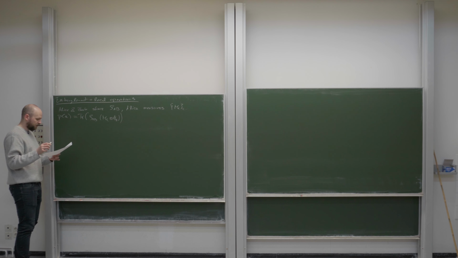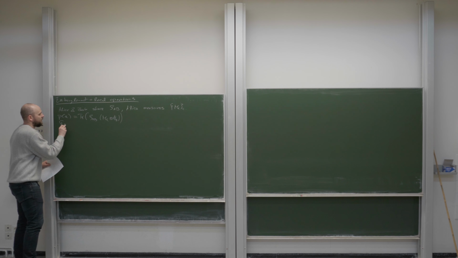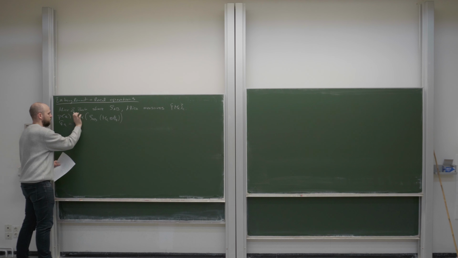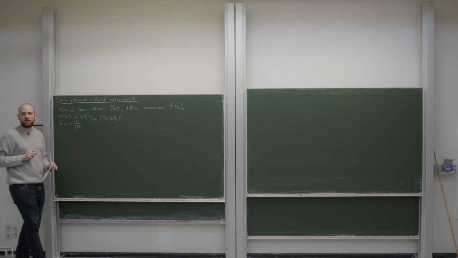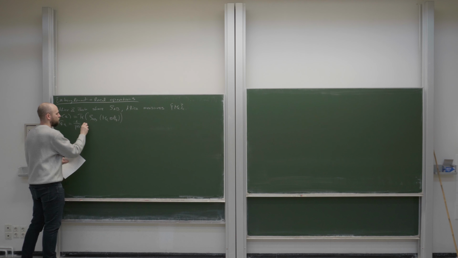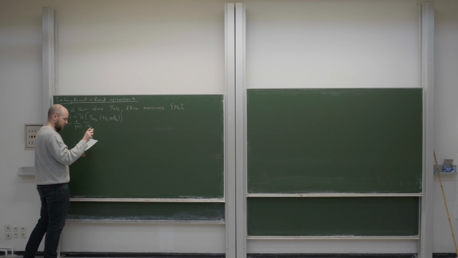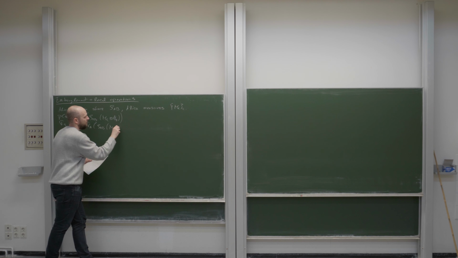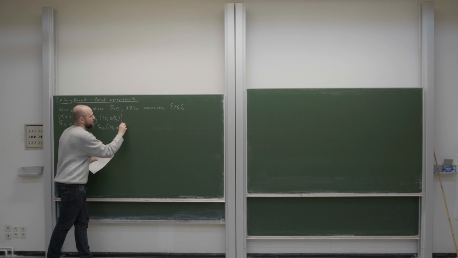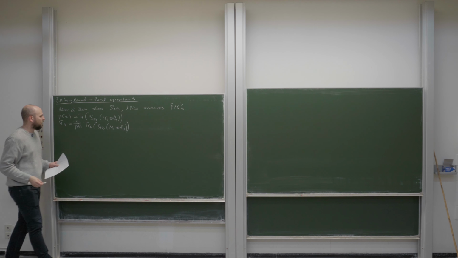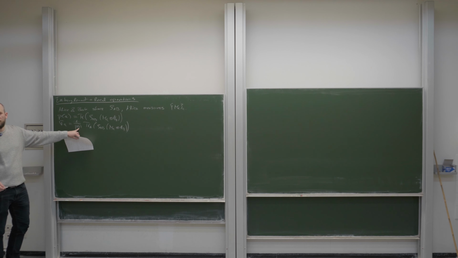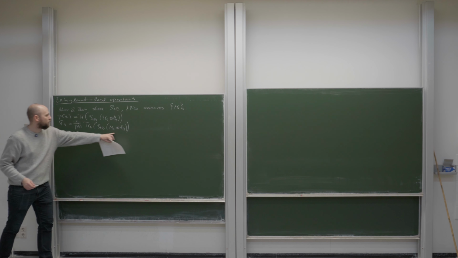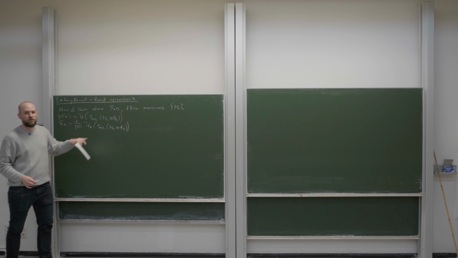And now the post-measurement state on Bob is going to be something like sigma_A, which is going to be 1 over P_A, because otherwise it would contain the probability. And here is going to be the trace over A of rho_AB, M_A times identity_B. Why I put this here is just to normalize the trace, because otherwise the trace of this would be exactly that, so we have to divide by that.